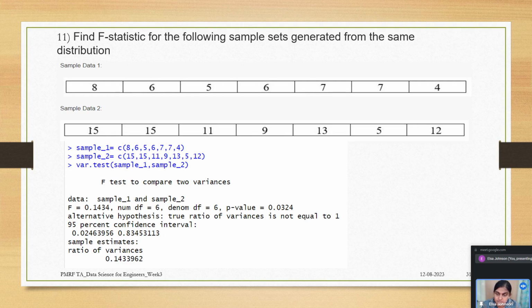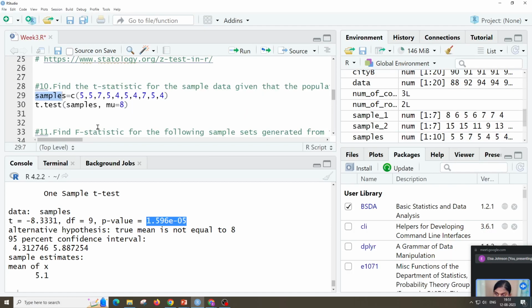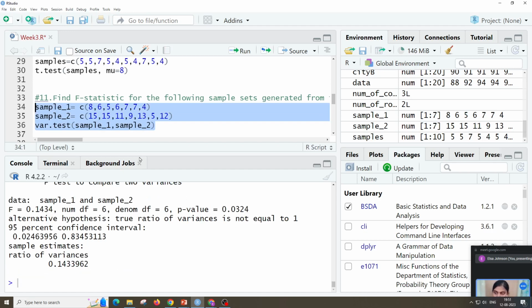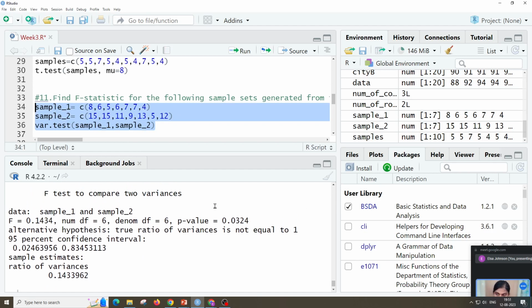Sample data 1 and sample data 2 are present, so I will save these to two variables, sample1 and sample2, and run var.test with sample1 and sample2. If you run this, you will get this particular F test to compare two variances. You should know how to solve it directly, but you can do this in RStudio also.